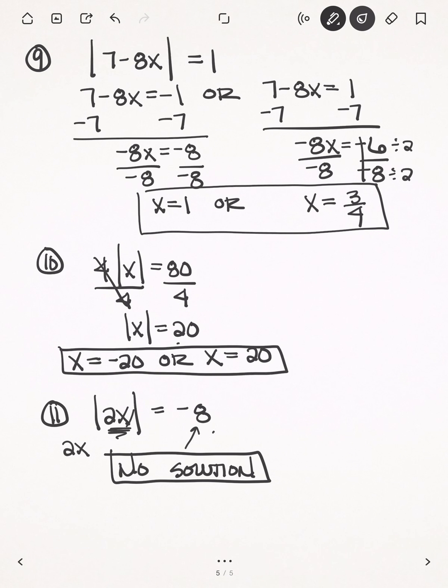Now, that leads us to this last example. Number 12. Number 12, it says if you have negative 5 times the absolute value of x plus 2 is equal to negative 10.